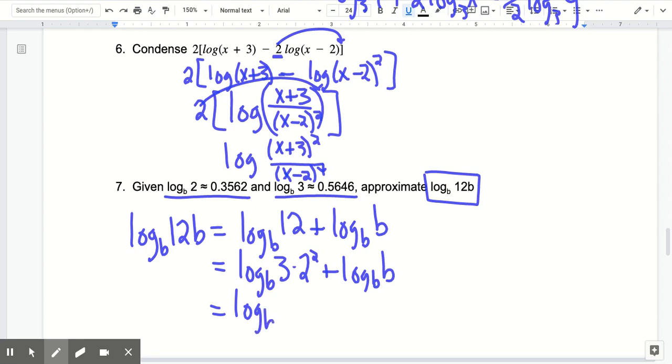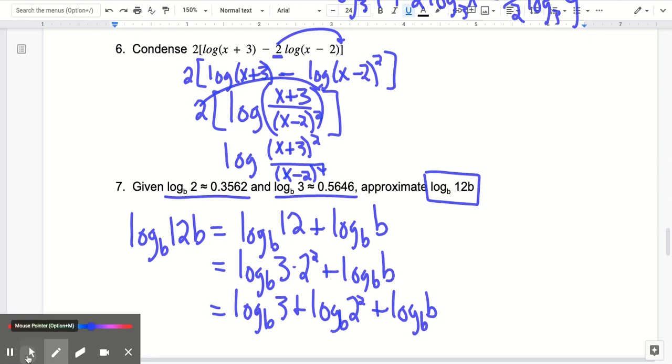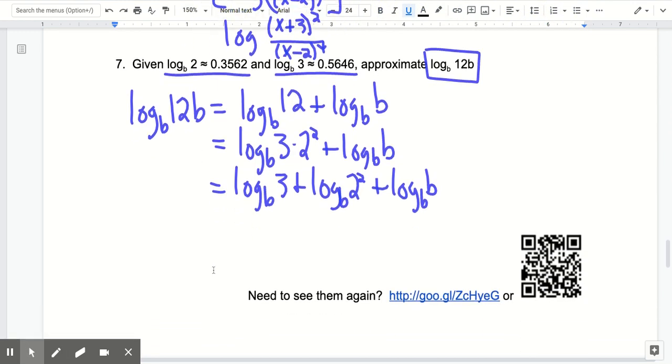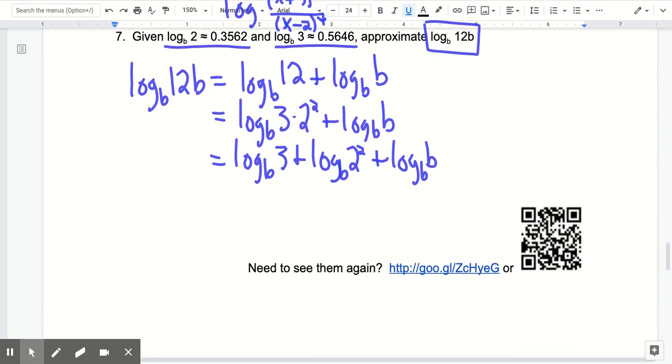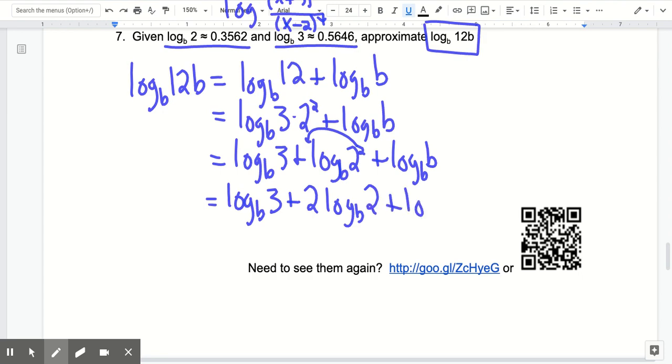So log base b of 3 plus log base b of 2 squared plus log base b of b. Okay, last thing, I'm going to bring this exponent down in front. So I have log base b of 3 plus 2 log base b of 2 plus log base b of b.